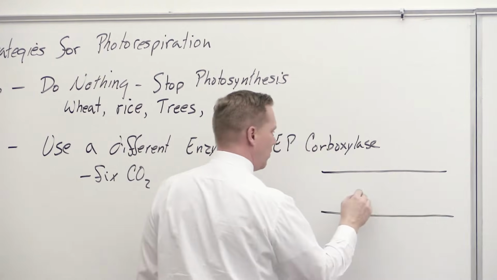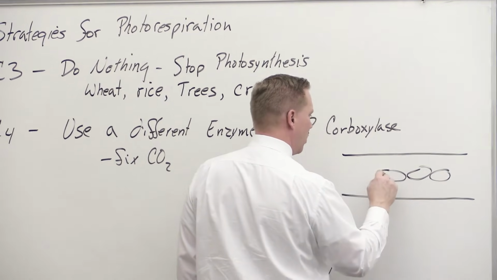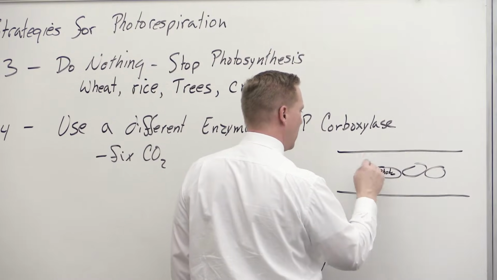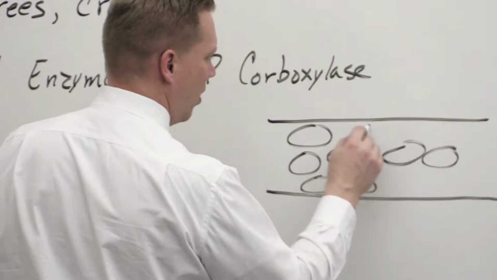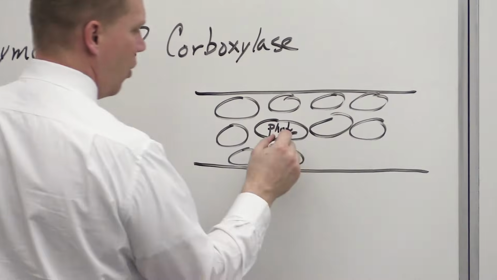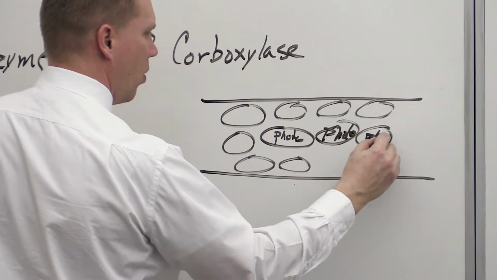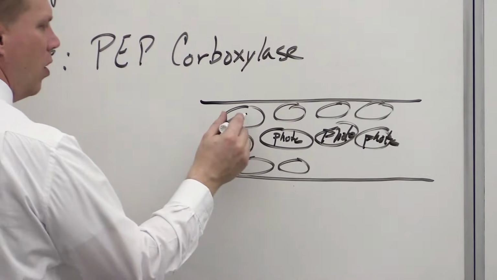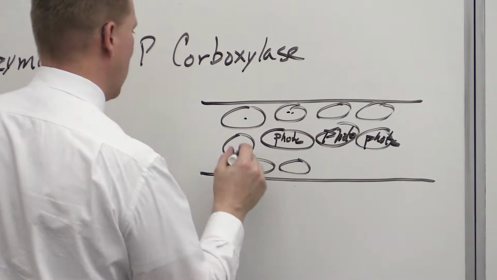So if you have a leaf cell, and right here you have the cells in the middle, and this is where you have the photosynthesis happening. And so PEP carboxylase exists in these other cells around the side that still have, remember in these photosynthetic cells, we've depleted all the CO2. But there's still some CO2 that had come in and was saturating these other cells up here.